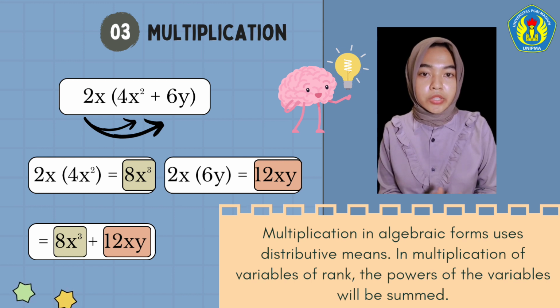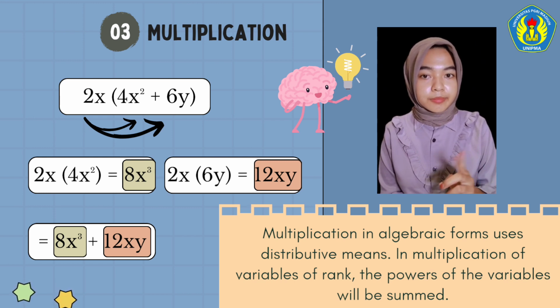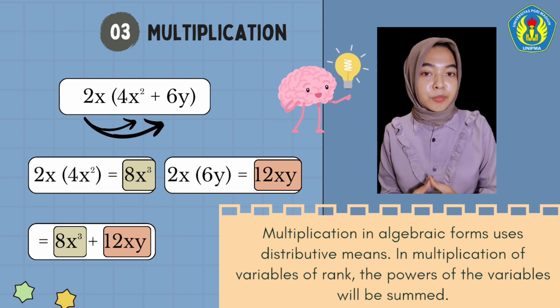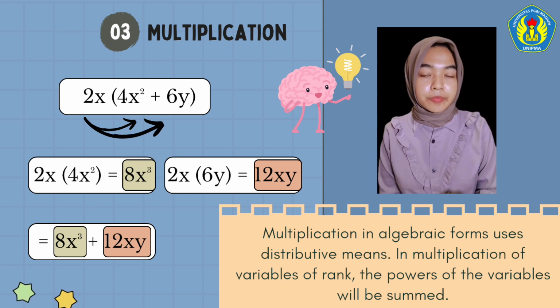This is x to the power of 1; you don't need to write the power of 1. Then x to the power of 1 times x to the power of 2 gives 1 + 2 equals 3. So you get x cubed.